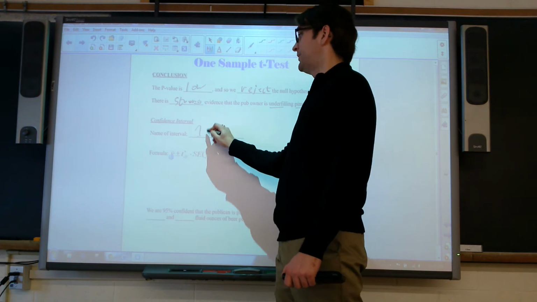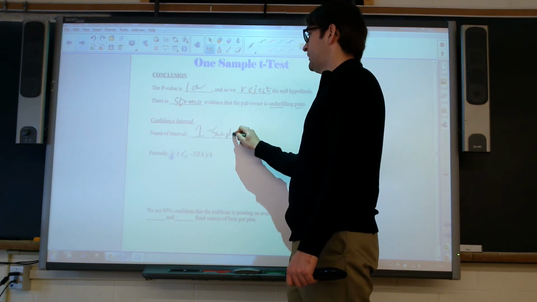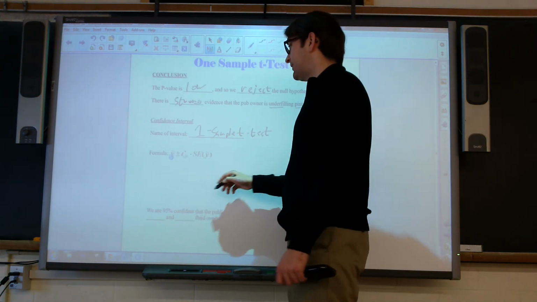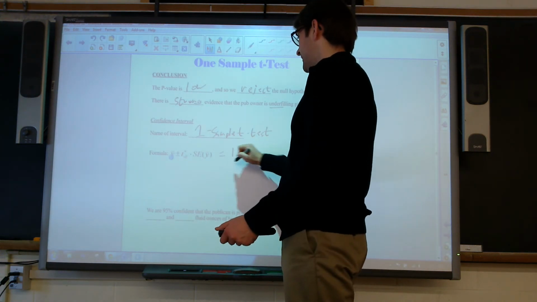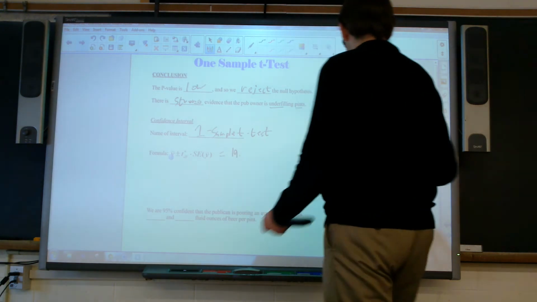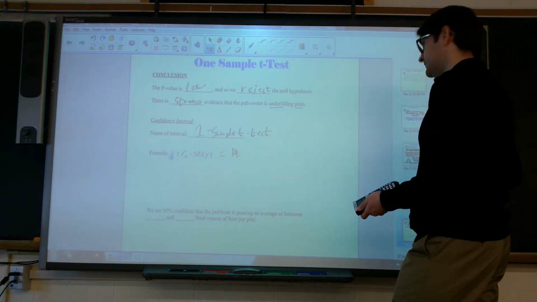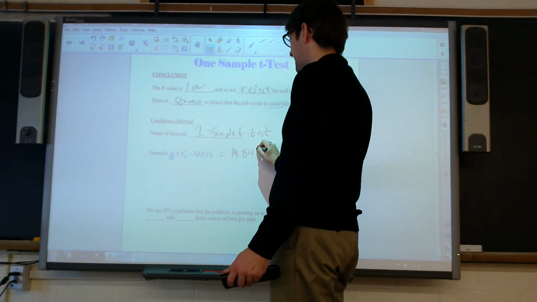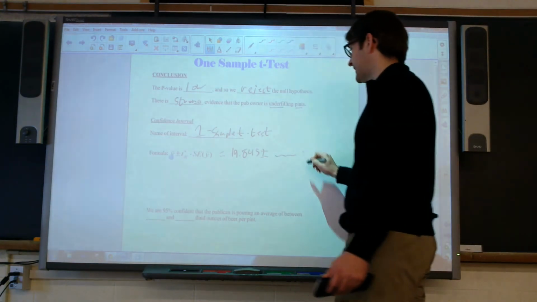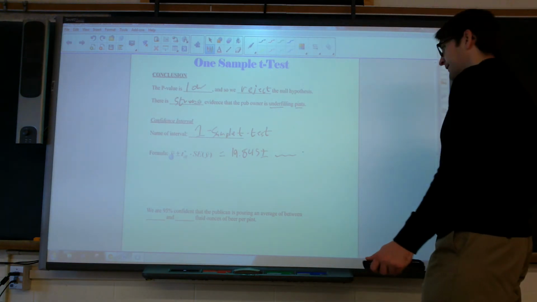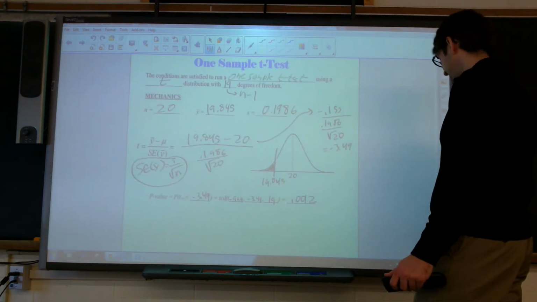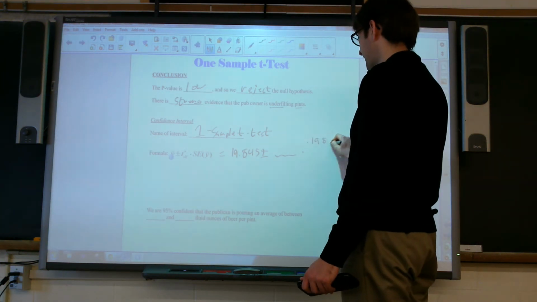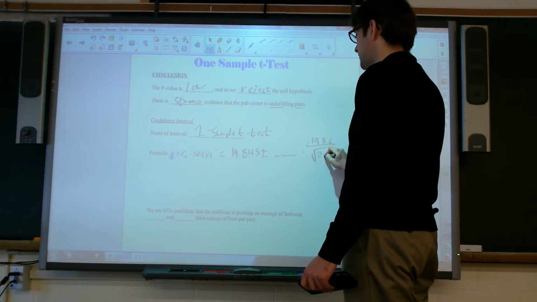So we're going to do a one sample t interval: y bar, 19.845, plus or minus, we'll come back to that, times the standard error, 0.1986 over the square root of 20.